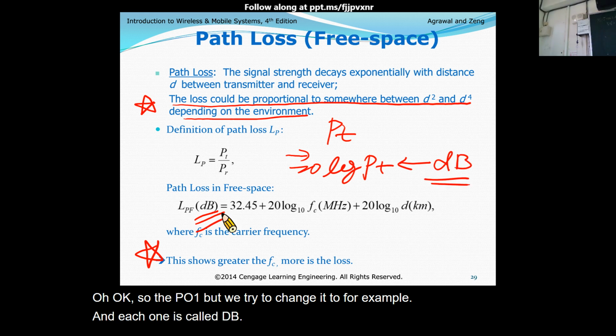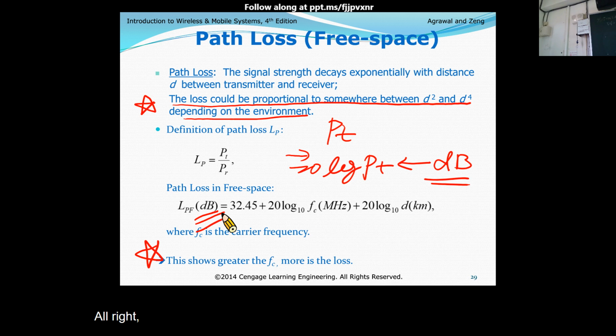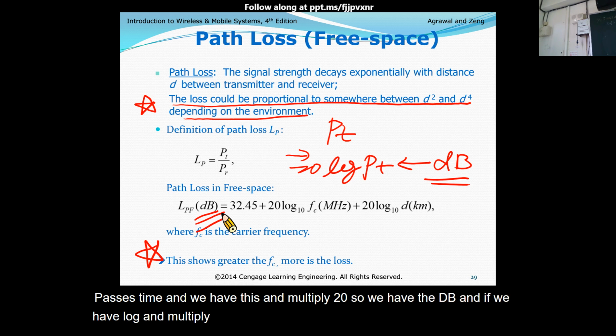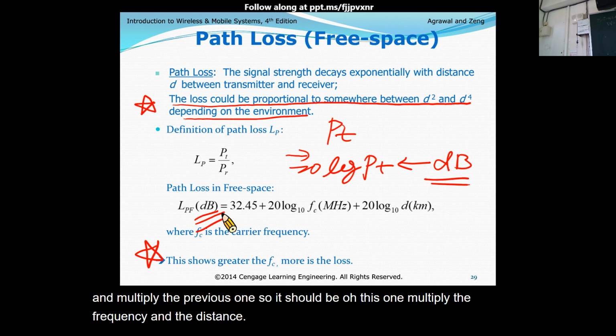All right, so dB actually involves a logarithm, base 10, multiplied by 20. So we have the dB. If we have the log and multiply the previous one, it should be this one multiplied by the frequency and the distance. All right, so we have this.